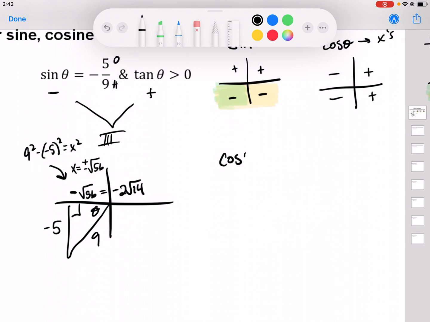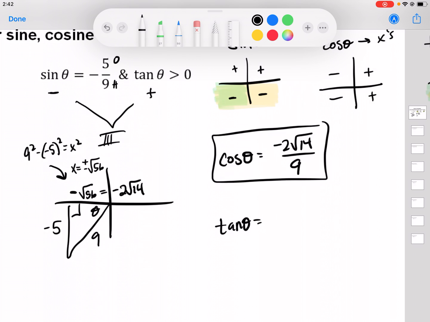From there, I'm going to find my cosine value and my tangent value. Let me space those out better though. Cosine will be our adjacent, so -2 square root of 14 over our hypotenuse, 9. And you'd be done with that one. Tangent will be our opposite, so -5 over our adjacent, -2 square root of 14.